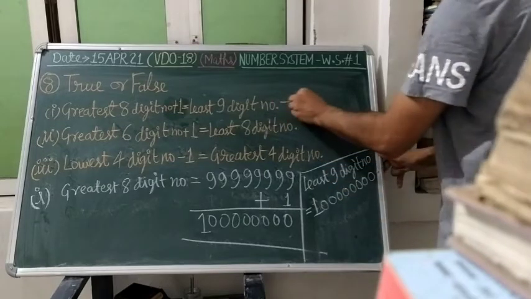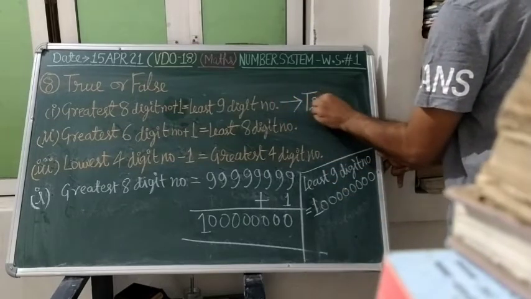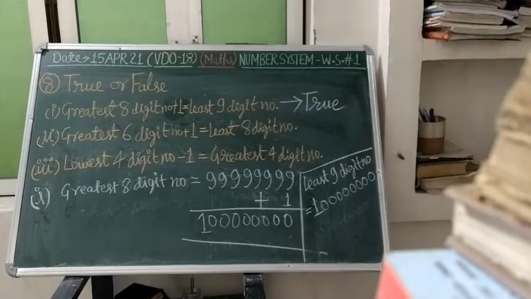So the first one is true. In the same way, if they say to you, find the greatest 5-digit number plus 1, whether it will be equal to the least 6-digit number, the answer will be true.